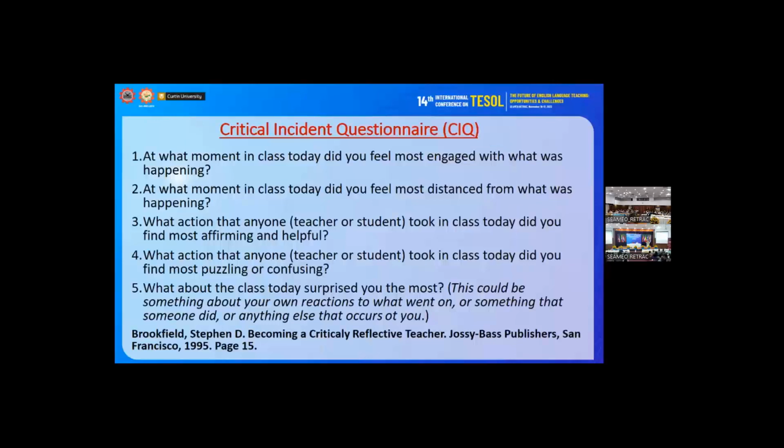And this is just an example from Stephen Brookfield's book. I gave this to the students at the end of the workshop I did yesterday, and they responded very well. Let's read together. At what moment in class today did you feel most engaged with what was happening? At what moment in class today did you feel most distant from what was happening?